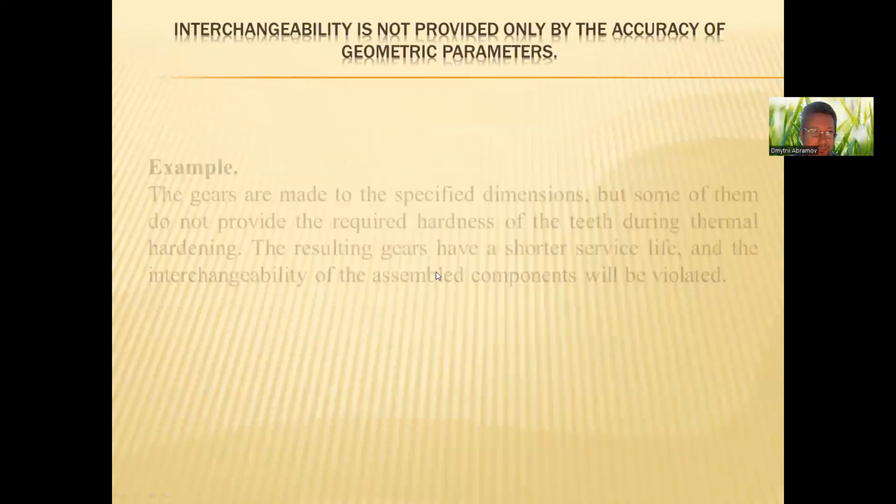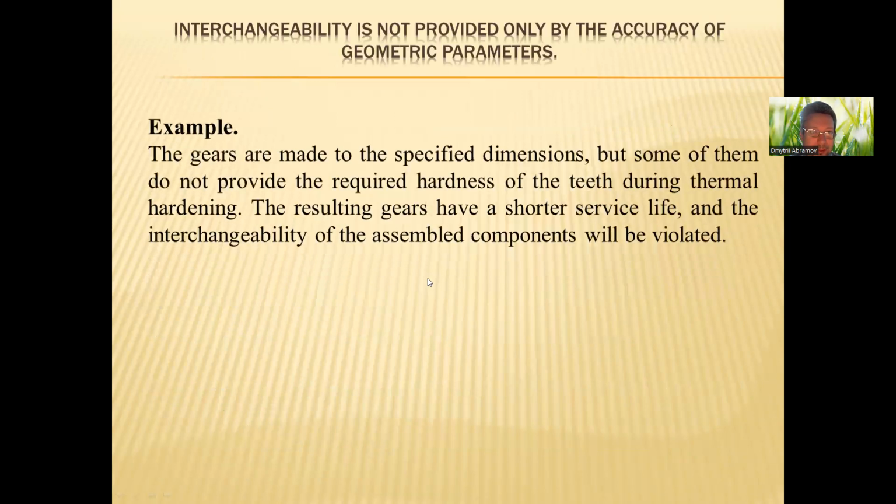Let's go to the next slide. Interchangeability is not provided only by the accuracy of geometric parameters.